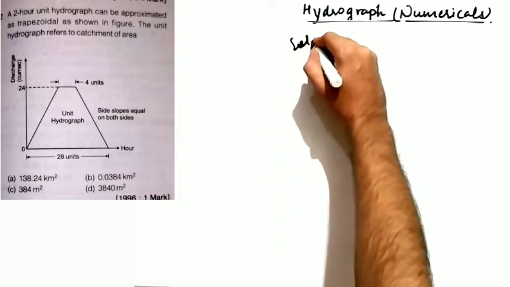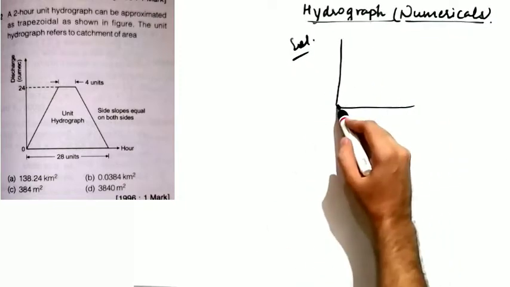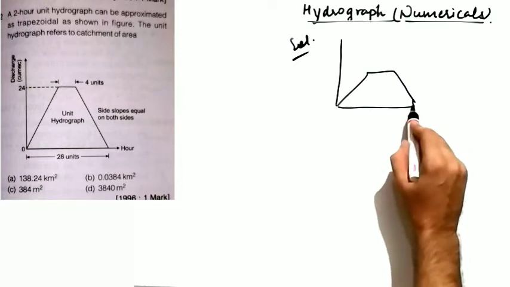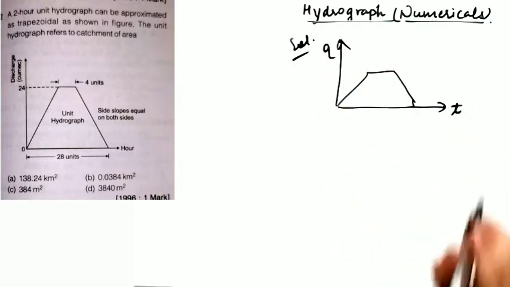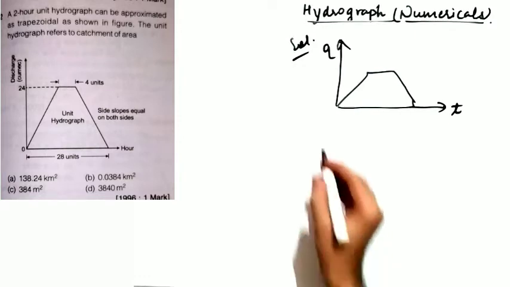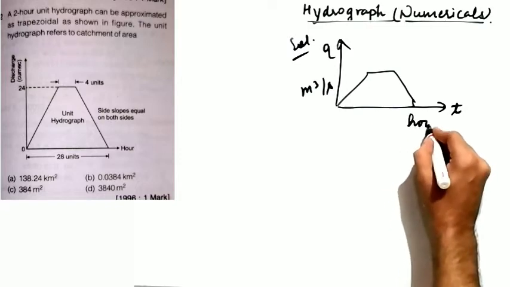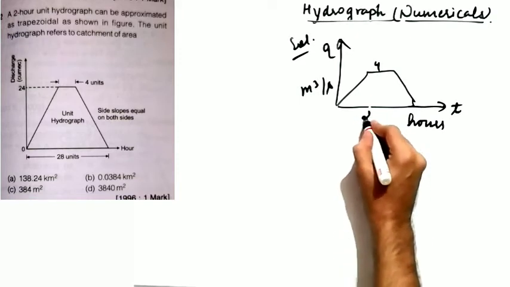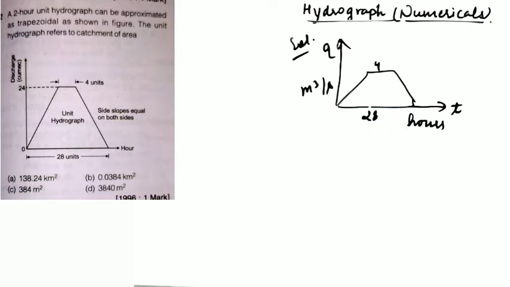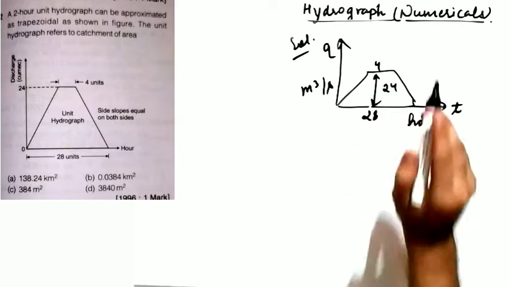So let us draw the diagram. This is a trapezoidal hydrograph, and you know the hydrograph is always a Q versus time graph. So the discharge is in meter cube per second and time is in hours. The top width is 4 and the bottom width is 28, and the height is 24.